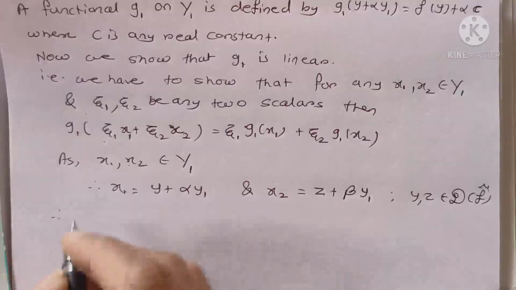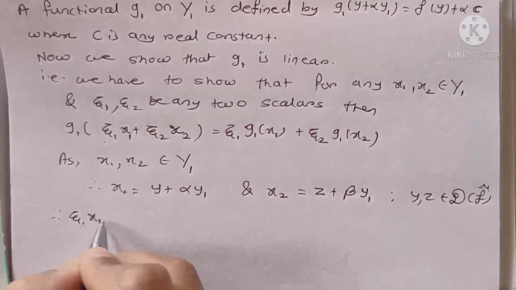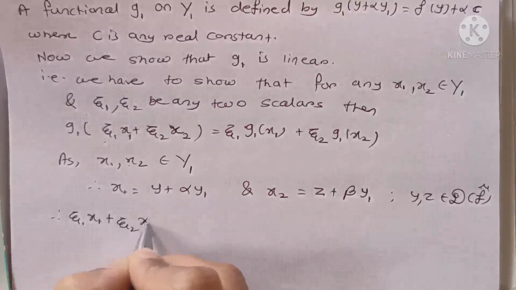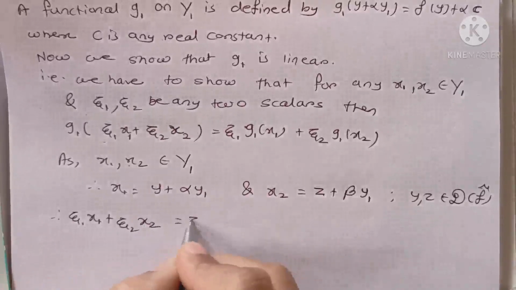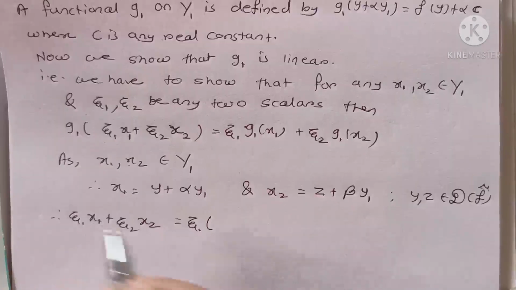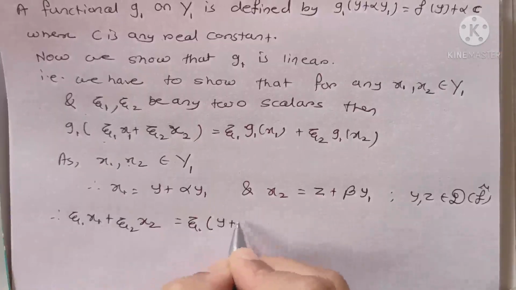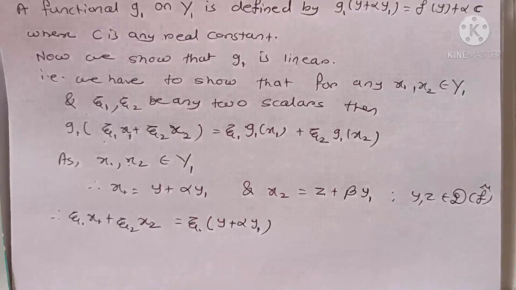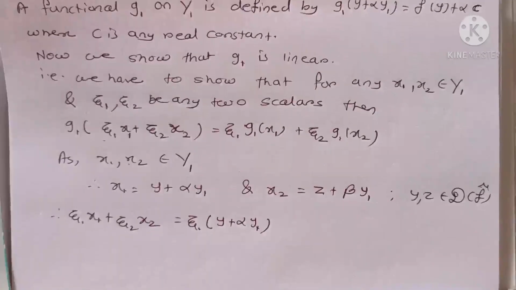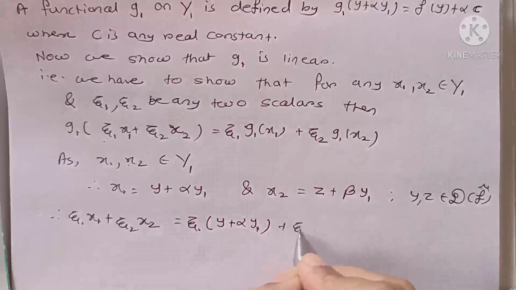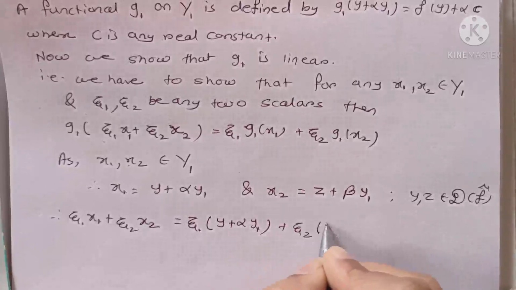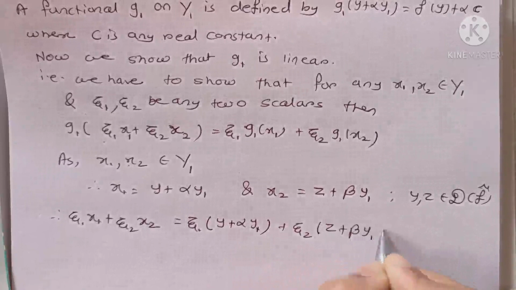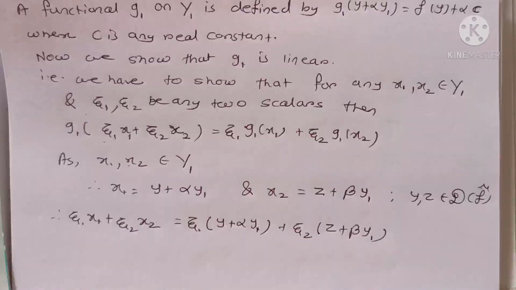Therefore xi1 x1 plus xi2 x2 equals xi1 into (y plus alpha y1) plus xi2 into (z plus beta y1), just putting the values of x1 and x2.